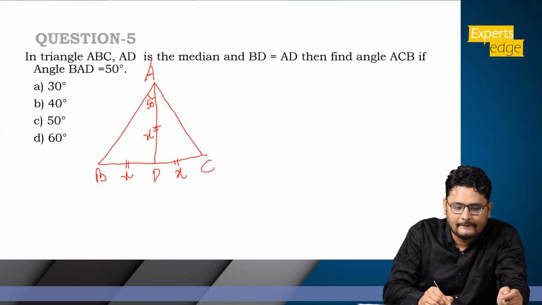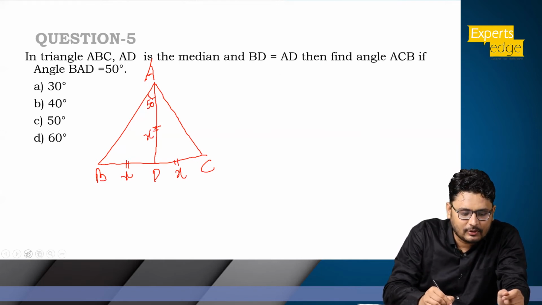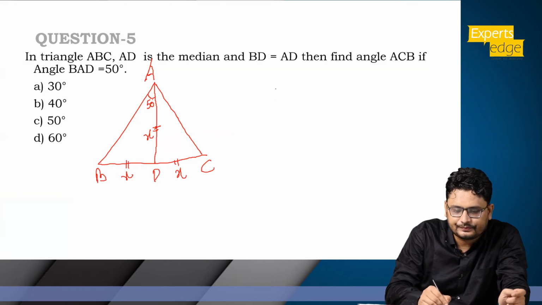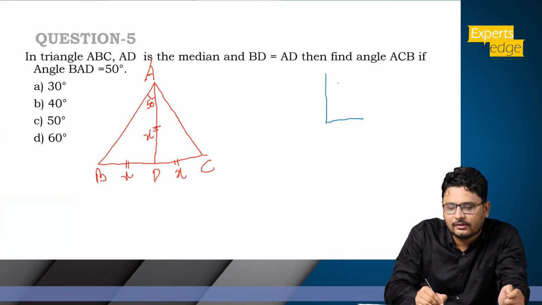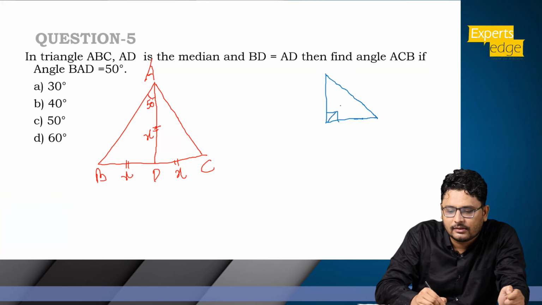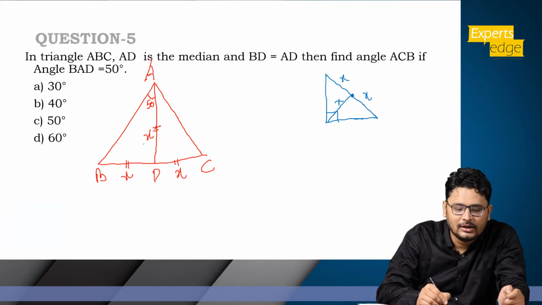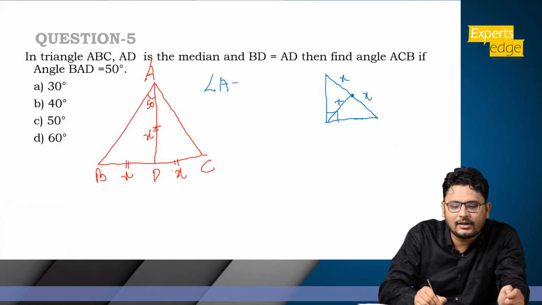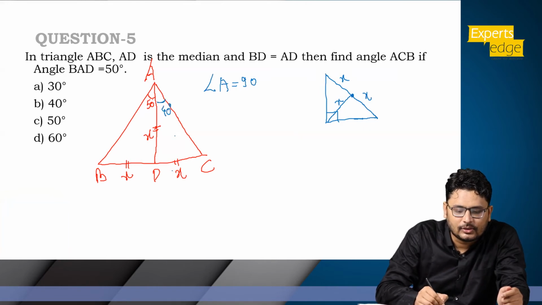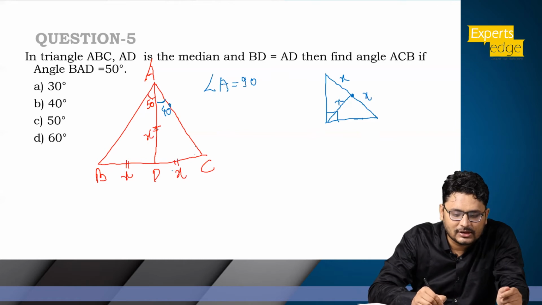Okay. We have just seen a property. ठीक है. Hope you remember. It's a very important one. क्या थी वो? Right angle triangle में, if it's a median, it divides the opposite side, the hypotenuse, into 2 equal halves. तो अगर ये x हो, so ये भी x होगा और ये भी x होगा, right? Please remember this. So ये वैसे ही है, ये x है, ये x है, ये x है, तो opposite, that is angle A, should be nothing but 90 degrees, right? A simple application. तो अगर ये 90 है तो ये angle कितना होगा? 40 degrees. So if opposite to x is 40, तो ये opposite to x भी, ये भी angle 40 degrees होगा, right? What is he asking?